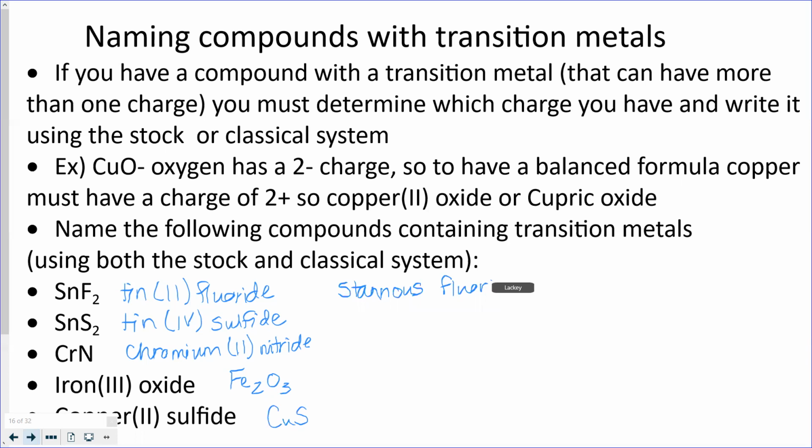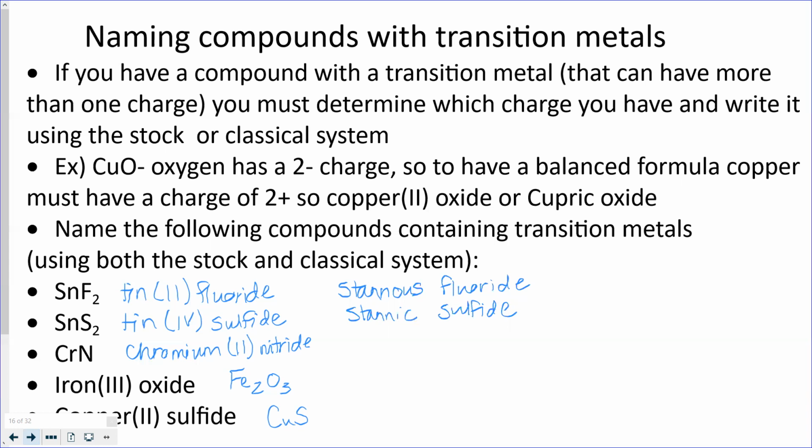So that would be stannous fluoride would be the classical name for tin 2 fluoride. For tin 4 sulfide, that's the higher charge, so that would be stannic. And then the anion, so sulfide. So notice you don't have Roman numerals with those. You simply substitute out that stock name.